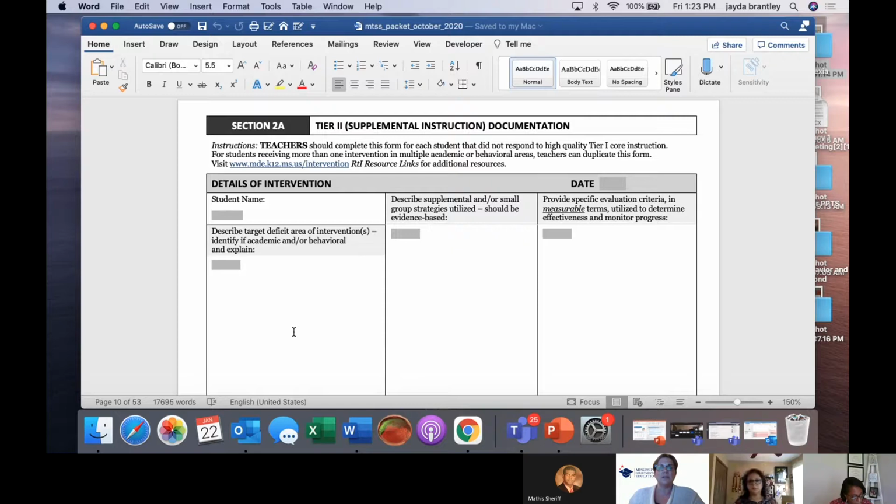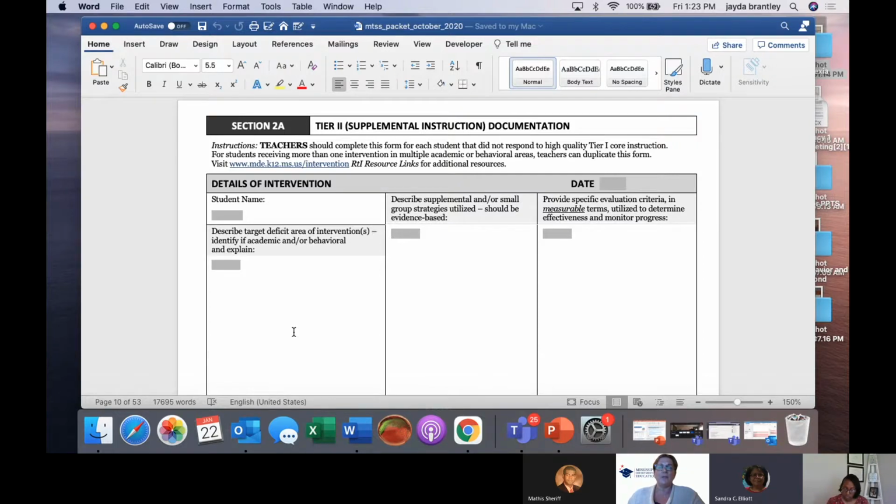You make those decisions. Do we need to focus on one single deficit area? Can we work on more than one deficit area? For example, for lower level students, we may say, you know what, we're just really going to hit phonological awareness and phonics, so you can write both of those things here.